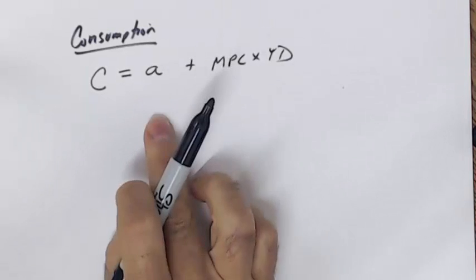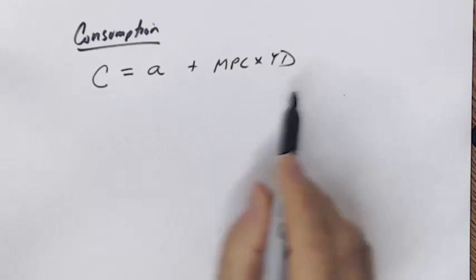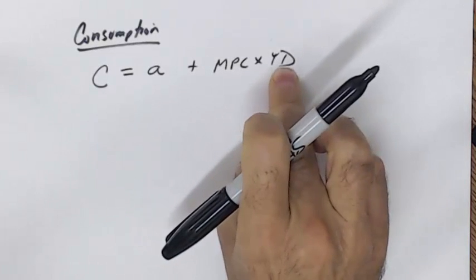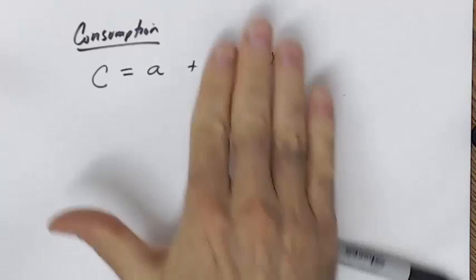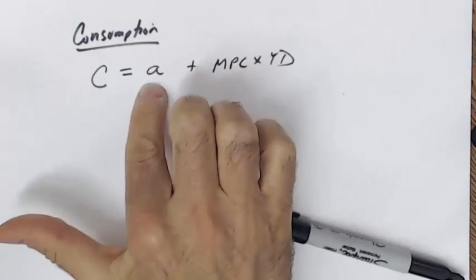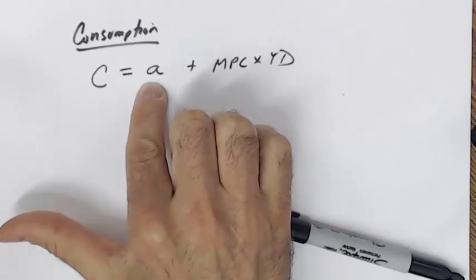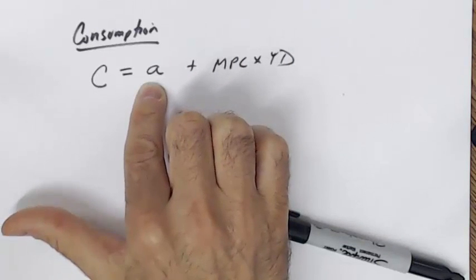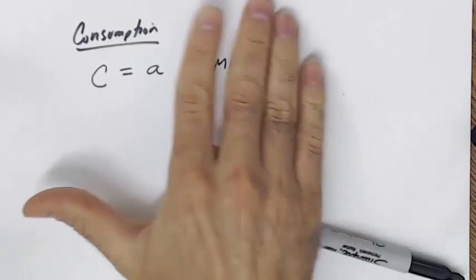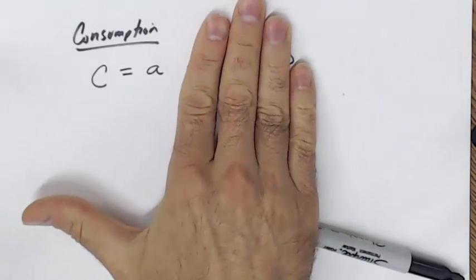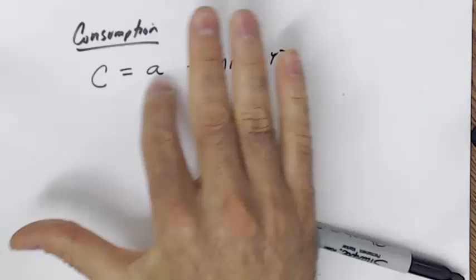And so what this equation says is, look, even if your disposable income is 0, so this part cancels out of the equation, you're still going to have autonomous spending. Even if you don't have any job and you have no disposable income, you still have to live. And so autonomous consumption, that's what the A stands for.